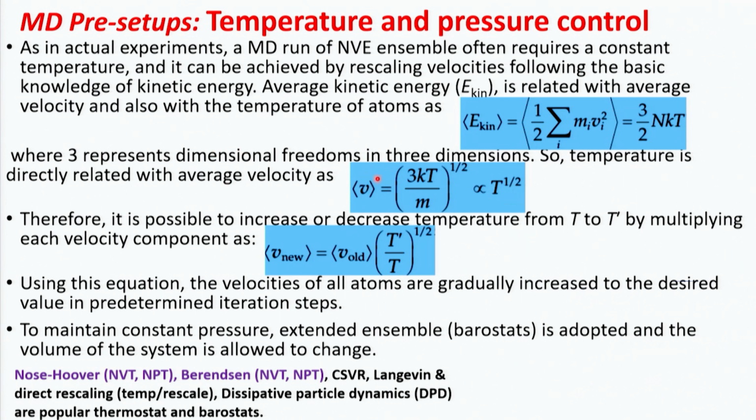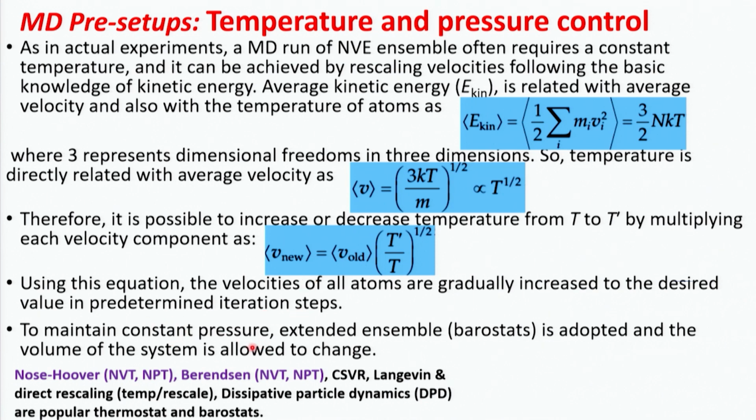The average velocity, this is kind of an ensemble average velocity, is proportional to the square root of temperature in absolute scale. Okay. So it is possible to increase or decrease the temperature from T to T dash by multiplying each velocity component. So from these two we can easily get it. Okay. Using this equation, the velocities of all atoms are gradually increased to the desired value in predetermined iteration steps.